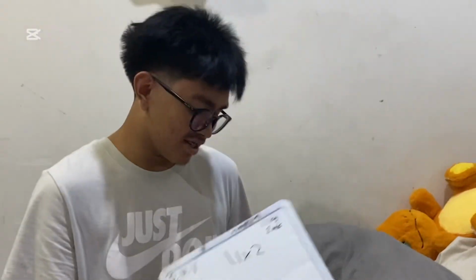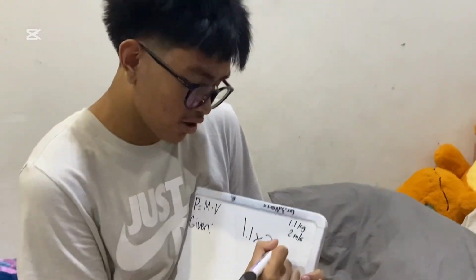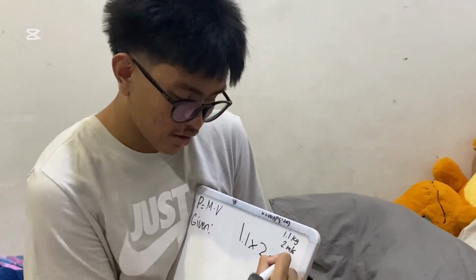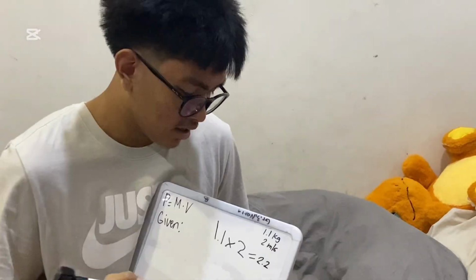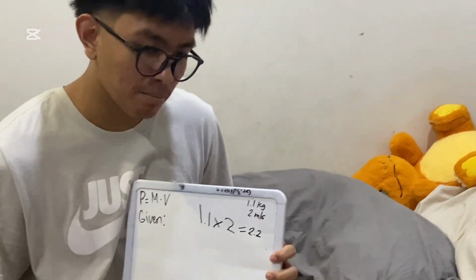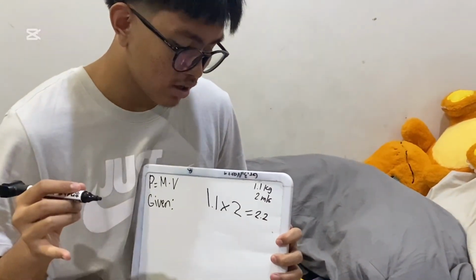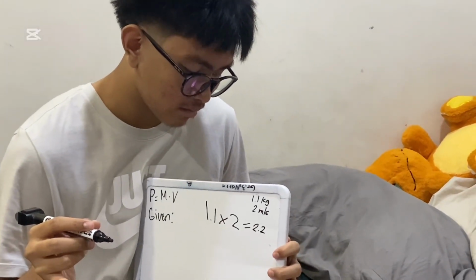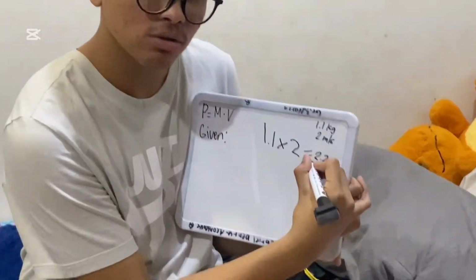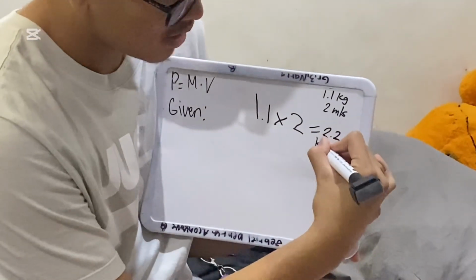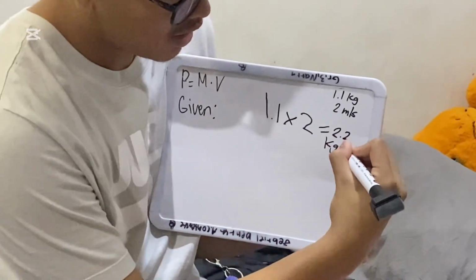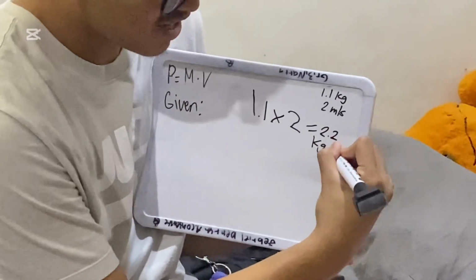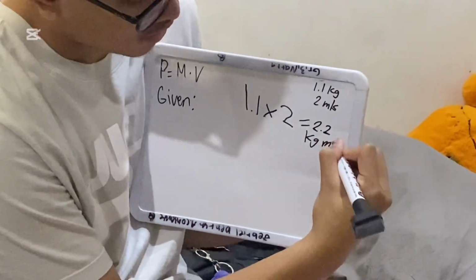Still 2.2. With that said, the Hydro Flask's momentum is 2.2 kilograms meters per second.